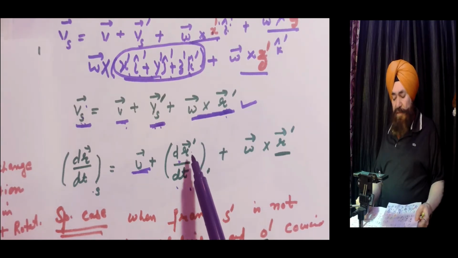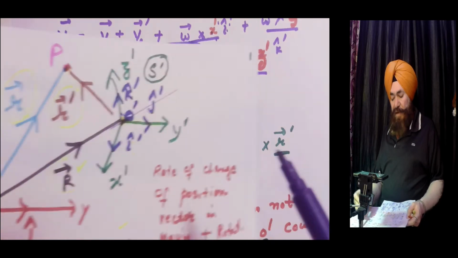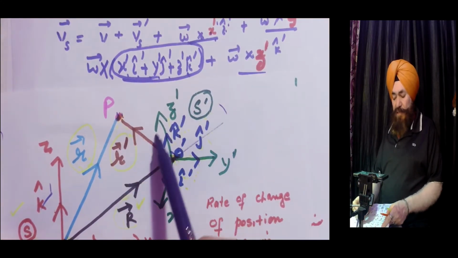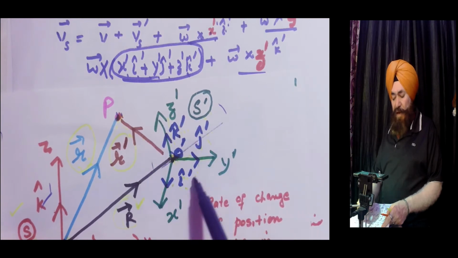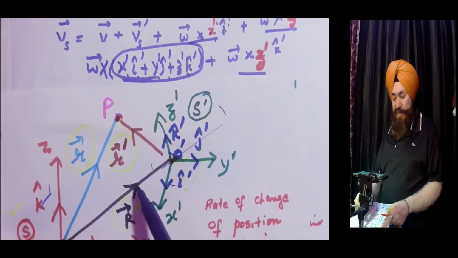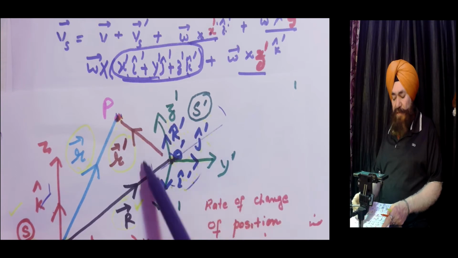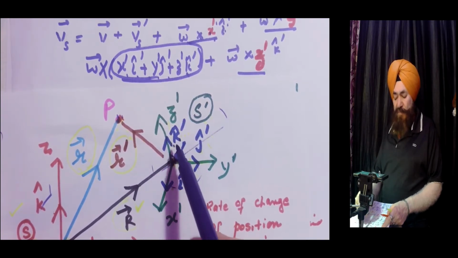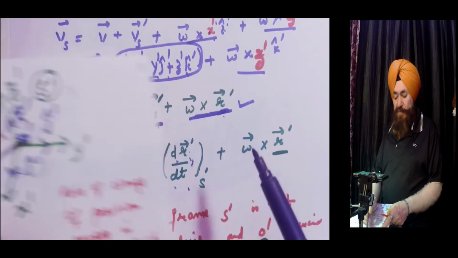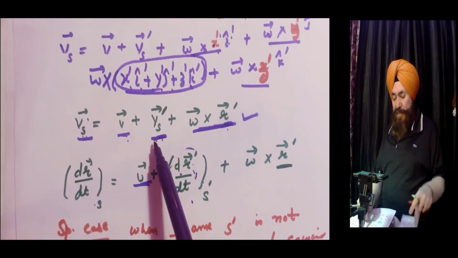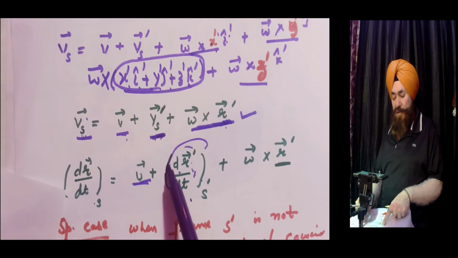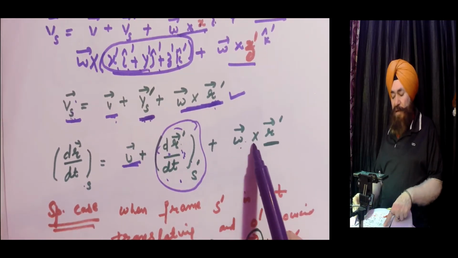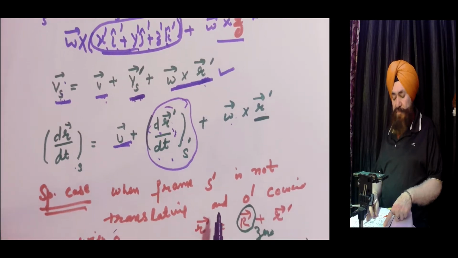This is the velocity of this particle with respect to the rotating frame, which is in translatory motion as well as in rotation. With respect to this frame, the velocity of the particle is Vs dash, plus omega cross r dash.